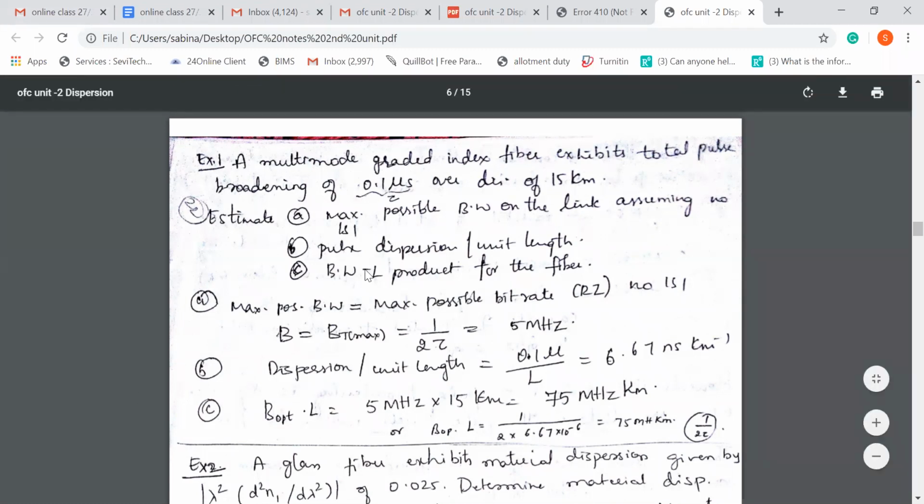Find the bandwidth-length product for the fiber, so you should know the bandwidth into L. L is 15 kilometers, so substitute that and find the bandwidth. They have also given that this multimode graded index fiber exhibits a total pulse broadening of 0.1 microsecond over a distance of 15 kilometers.